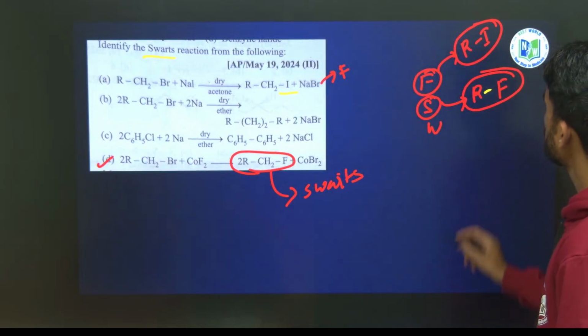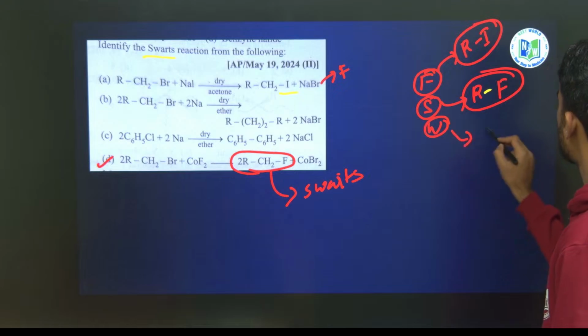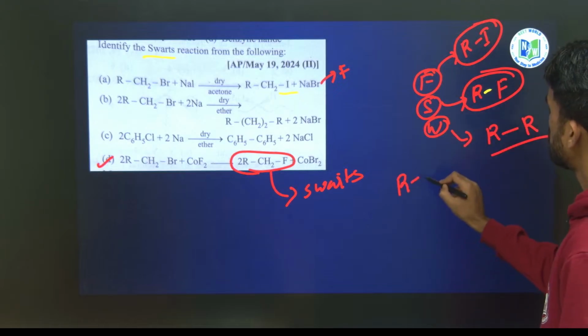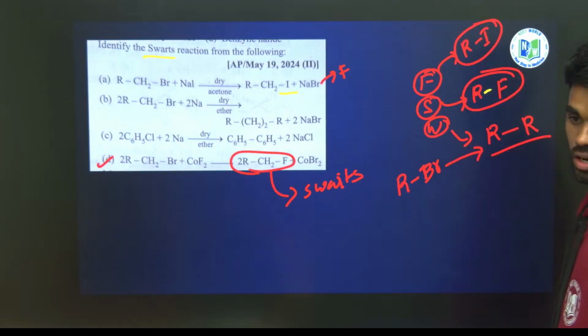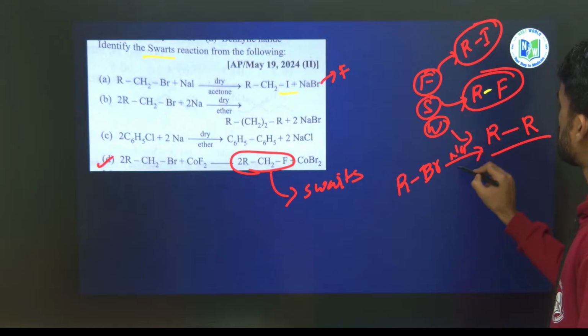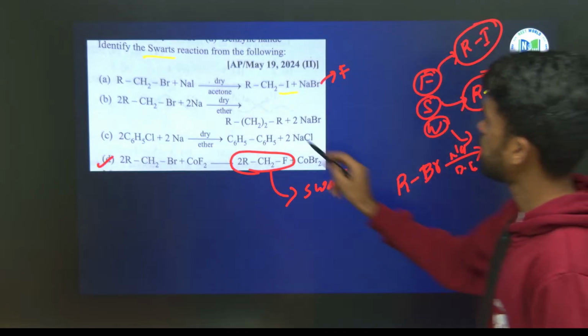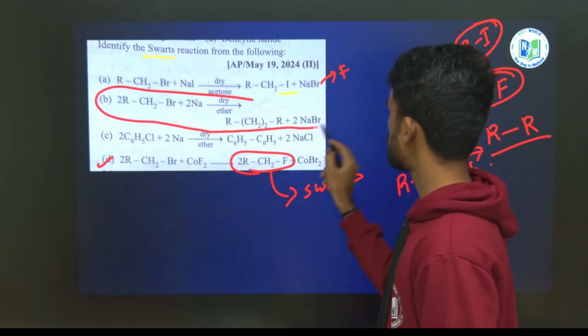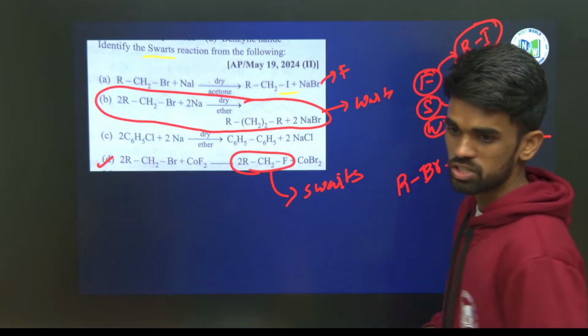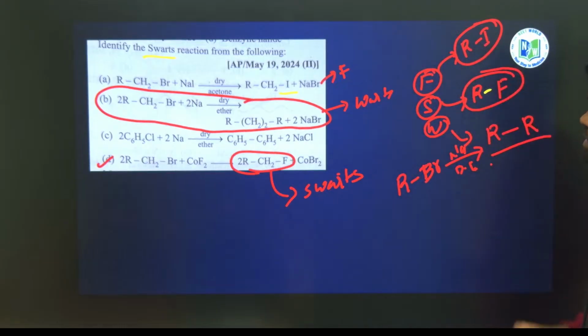Now Wurtz reaction is for preparation of higher alkanes from lower ones, from alkyl bromides to alkanes, using sodium in dry ether. So what is our B now? B is Wurtz reaction.